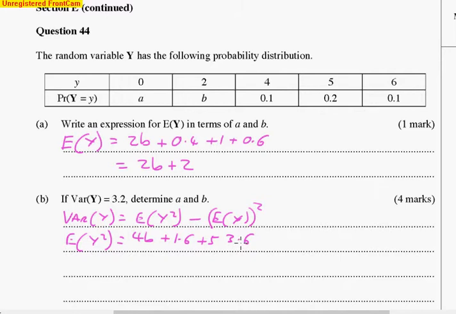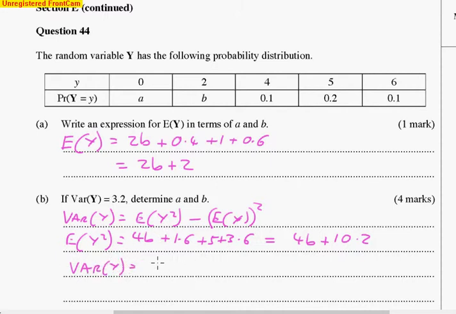And 6 squared is 36 times 0.1, that'll be 3.6. And making that look a bit simpler, that comes to 4b, well, there should be a plus in there, plus 1.6 and 3.6, 5.2, 10.2. And then we need to write down what the variance of y is.